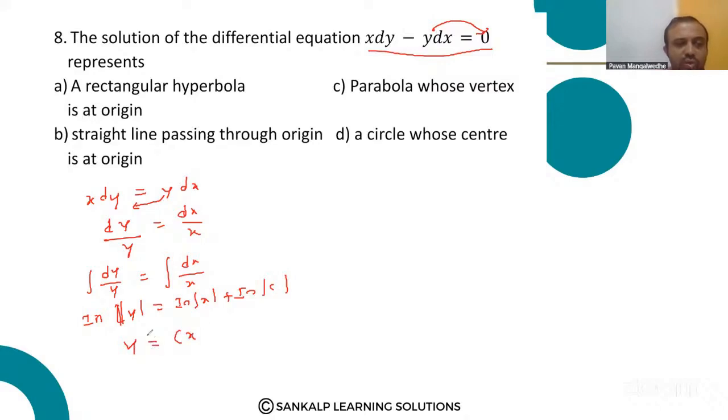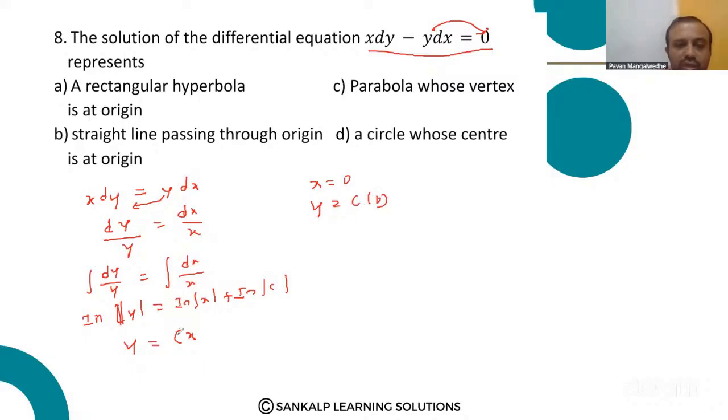So the general solution is y equals c into x. It is the equation of a family of straight lines that always passes through the point 0, 0, which is the origin, since substituting x equal to 0 gives y equal to c into 0.